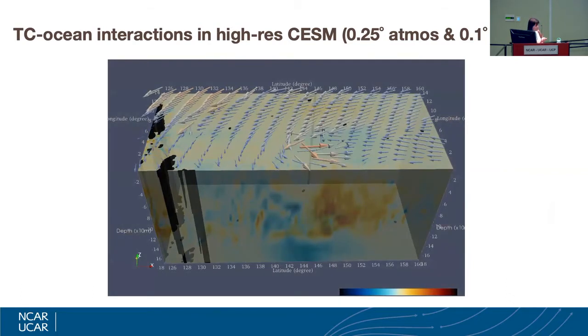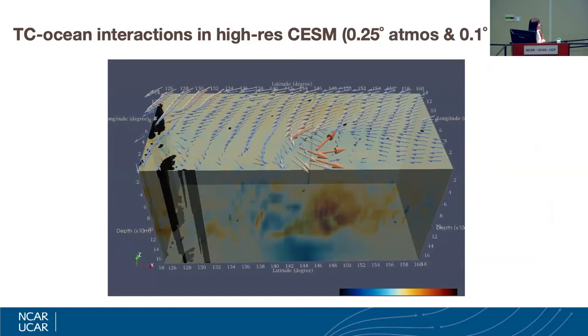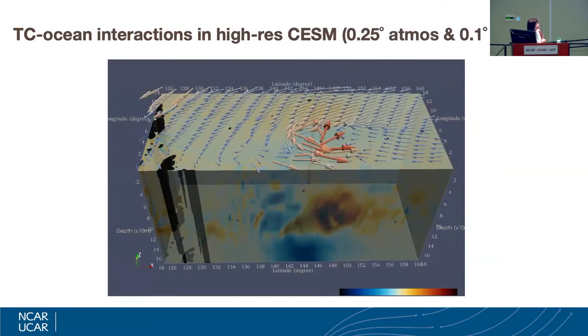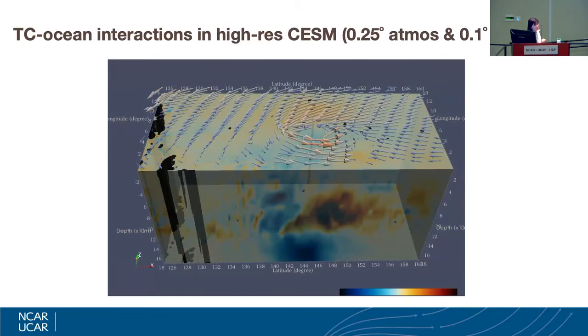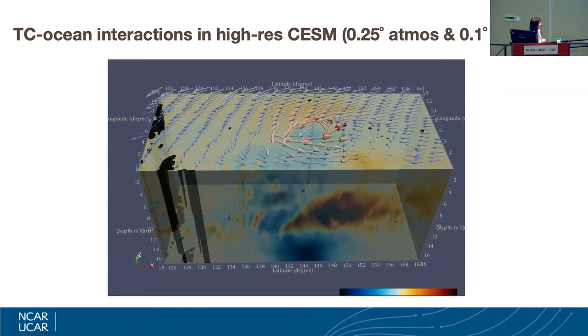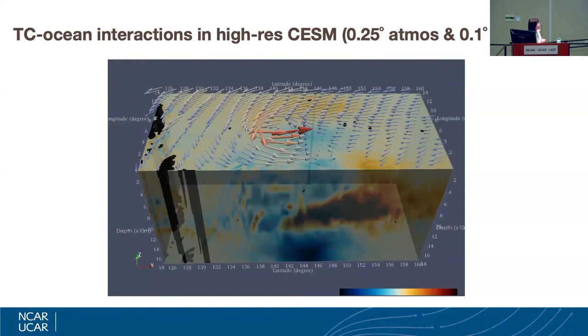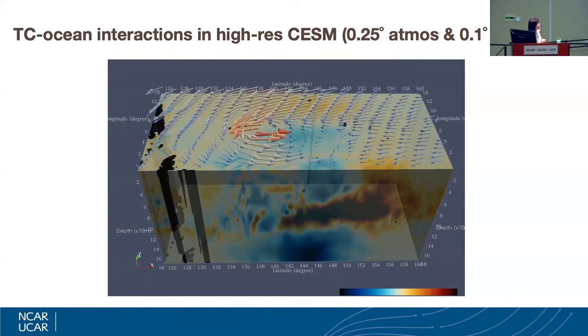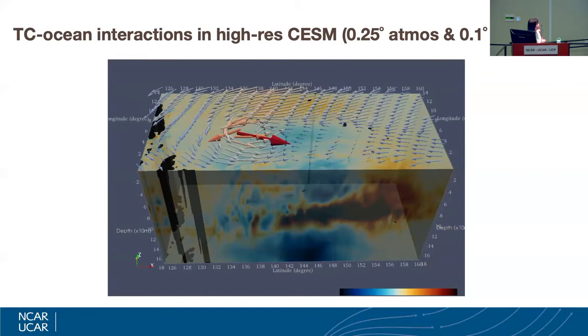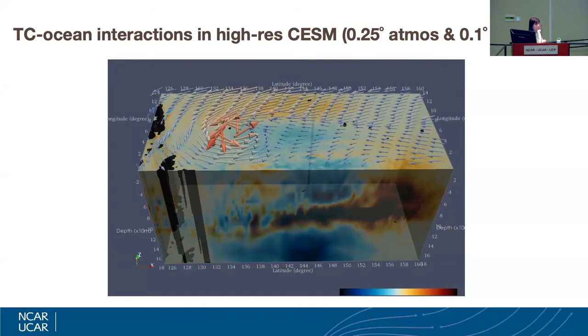So in this animation, we're looking at the 3D ocean in the Western tropical Pacific. Again, the surface vectors are the wind from the atmosphere bottom. We see there is a storm forming over here. And in the ocean, there is a cold temperature anomaly at the surface and also in the upper ocean, and a warm temperature anomaly gradually forms in the ocean thermocline right here.